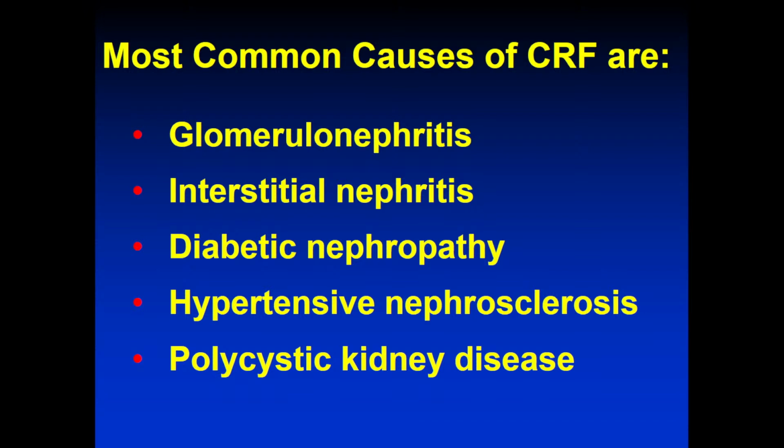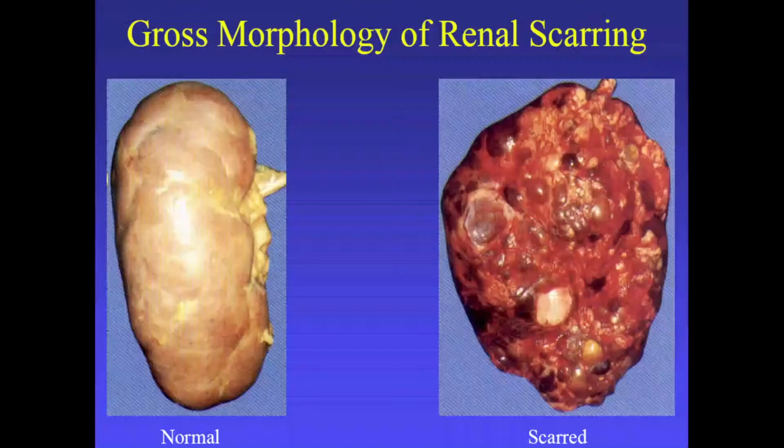What are the most common causes of chronic renal failure? I'd like to say any kidney disease, which includes glomerulonephritis, interstitial nephritis, diabetic nephropathy, hypertensive nephrosclerosis, polycystic kidney disease.